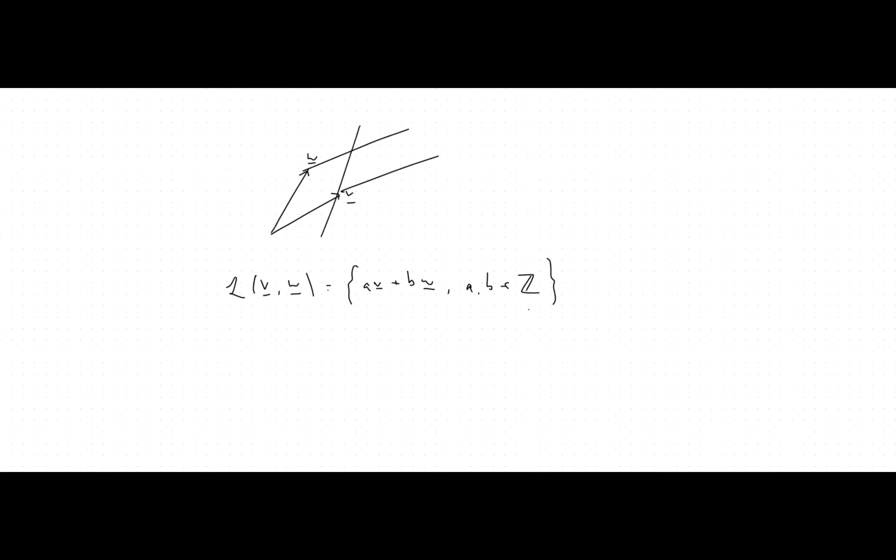And we say that each intersection of the lines over here is a lattice point.